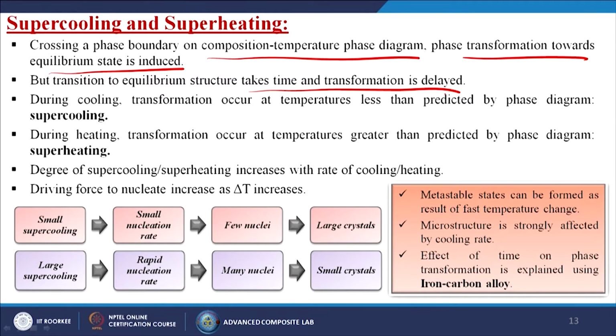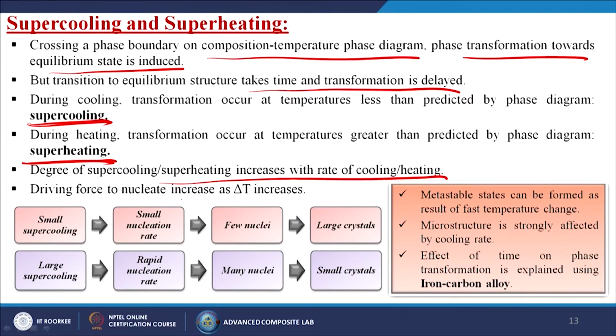During cooling, transformation occurs at a temperature less than that predicted by the phase diagram, which is known as supercooling, and during heating, transformation occurs at a temperature greater than that predicted by the phase diagram, which is known as superheating. Degree of supercooling and superheating increase with rate of cooling and heating.